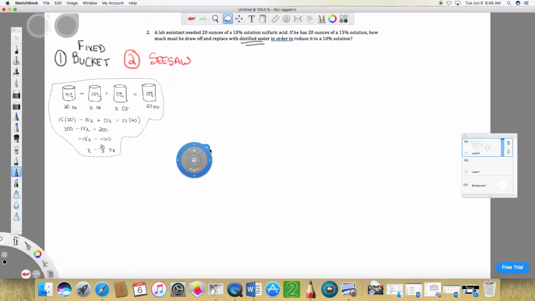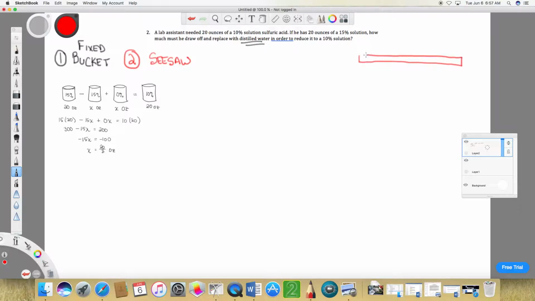All right, so let's now try to do the same type of problem with our idea of the seesaw. And remember the idea of the seesaw: if you've ever been to a park and played on a seesaw, if you have a light person and a heavy person, you can balance the seesaw if the heavy person is a shorter distance to the fulcrum and the light person is a longer distance, where that light person has more leverage.